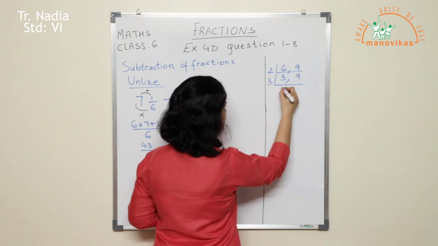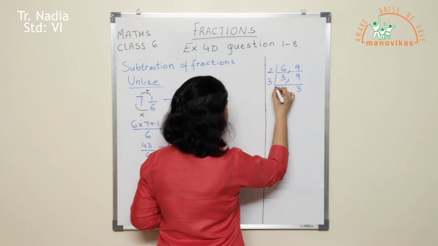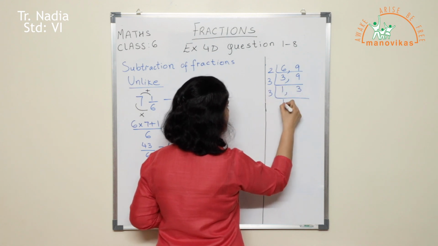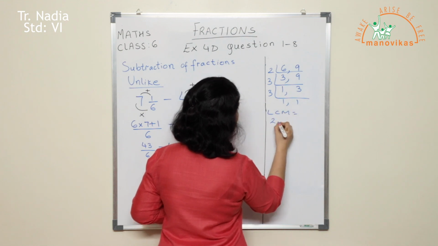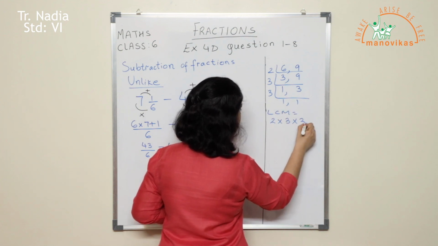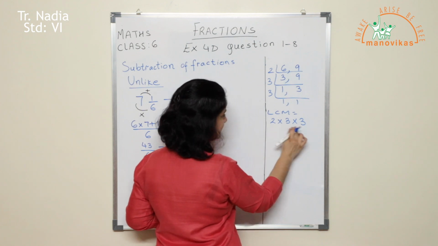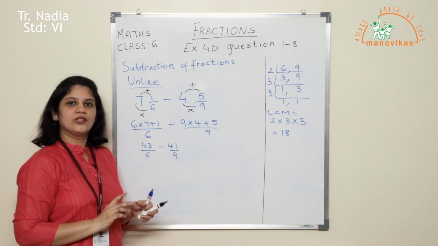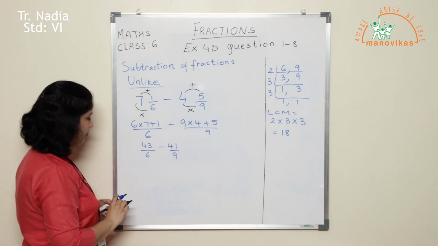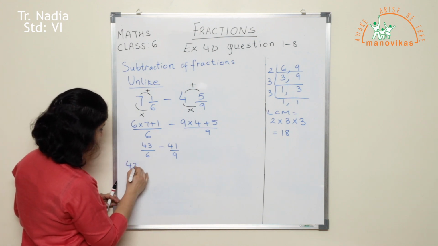Then I'll make use of 3, 3 1s are 3, 3 3s are 9, and once more I'll make use of 3. LCM is equal to 2 multiplied by 3 multiplied by 3. 2 3s are 6, 6 3s are 18. LCM is 18.